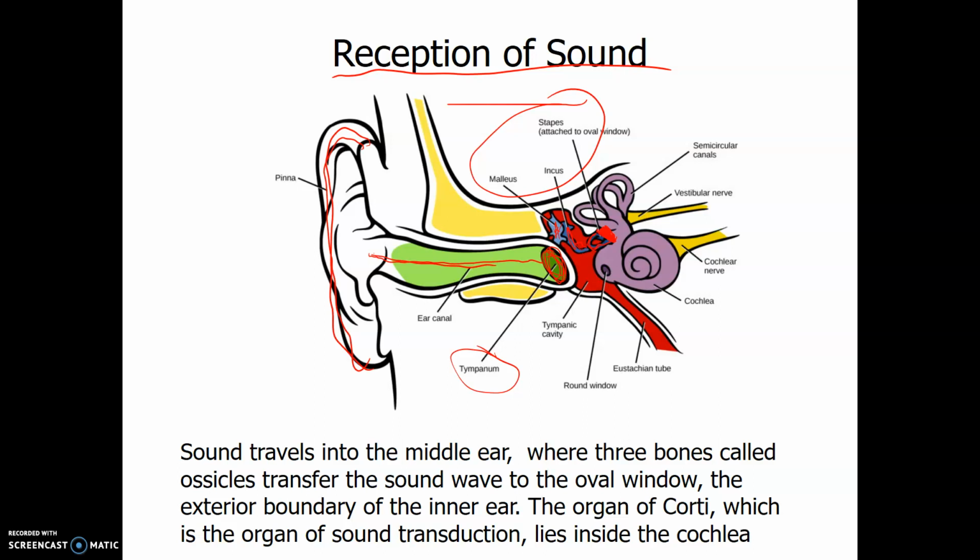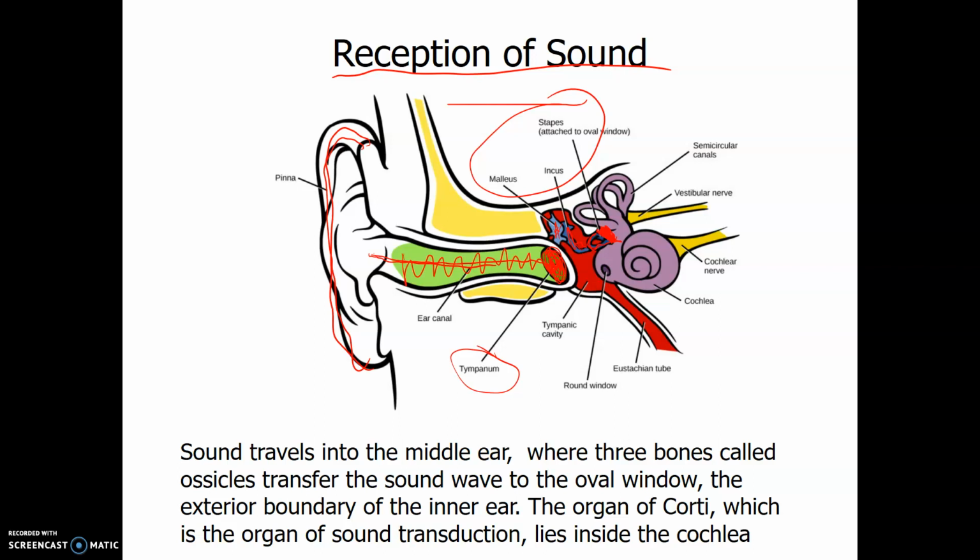What happens is, if you can picture this like a drum, it bangs on these ossicles every time sound waves travel and hit it and cause vibrations. It causes these ossicles to vibrate. Then this bottom region of the stapes that attaches to the oval window pushes into the cochlea in a vibrating way, going in and out.